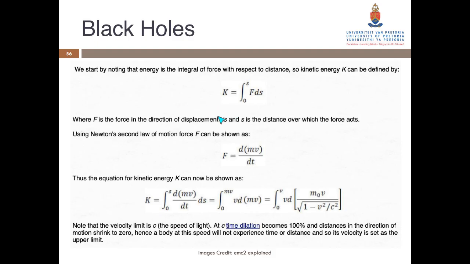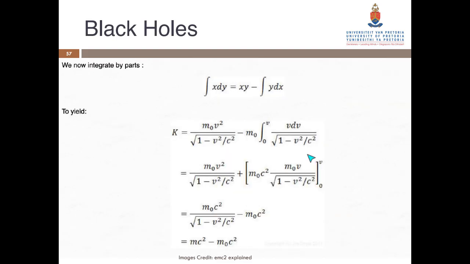With Newton's second law of motion we can plug into the equation, and then it becomes this, and we can start integrating it. So note that the velocity limit is c, the speed of light, and at c, time dilation becomes 100%. So now we can integrate by parts.